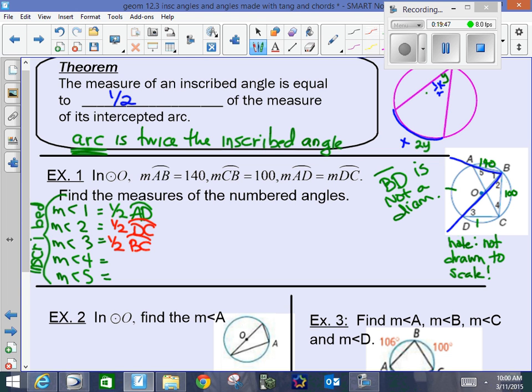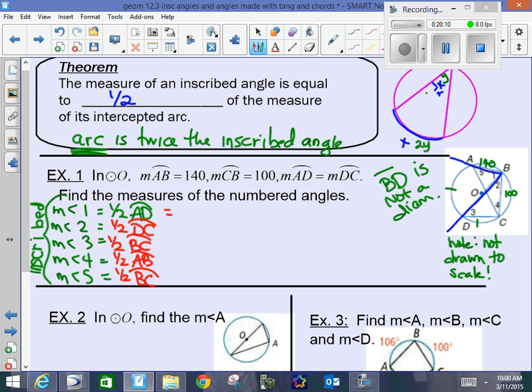And what about angle 4, Hannah? AB. And what about angle 5, Annalisa? Angle 5's intercepted arc is easy. You see that?